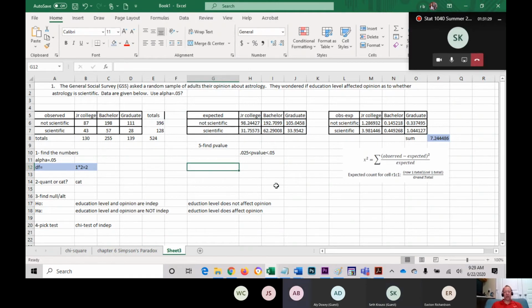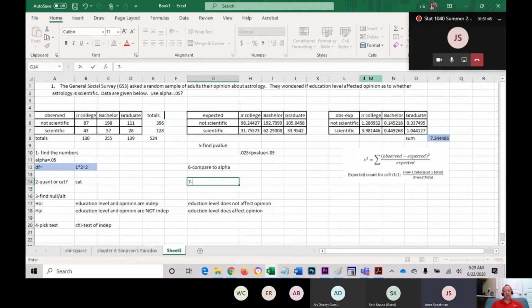Okay. So that's what we'll do there. Step number 6 is what, Janie? We compare it to the alpha. To the alpha. Step number 7 says, I'll let you go again, Janie. Because 6 is just like. Yeah.